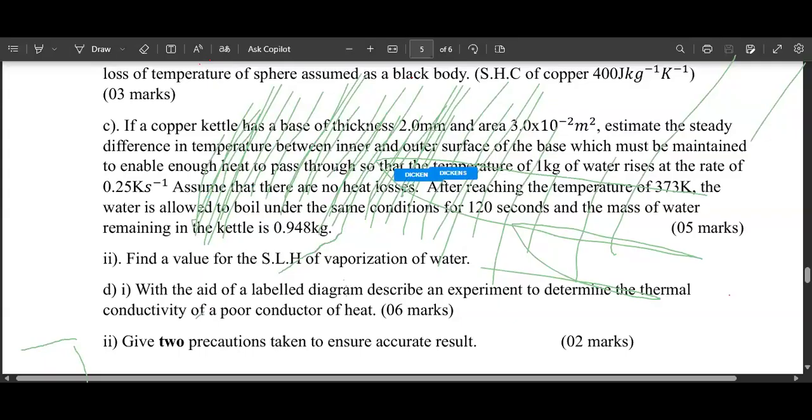Our K is 3.8 times 10 power 2, times 3 times 10 power negative 2, delta theta divided by our L, which is 2 times 10 power negative 3, is going to equal the mass, which is 1, times 4200 times 0.25.